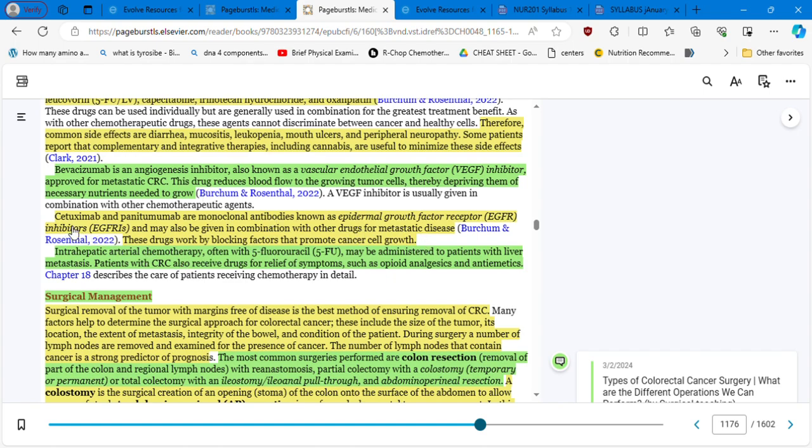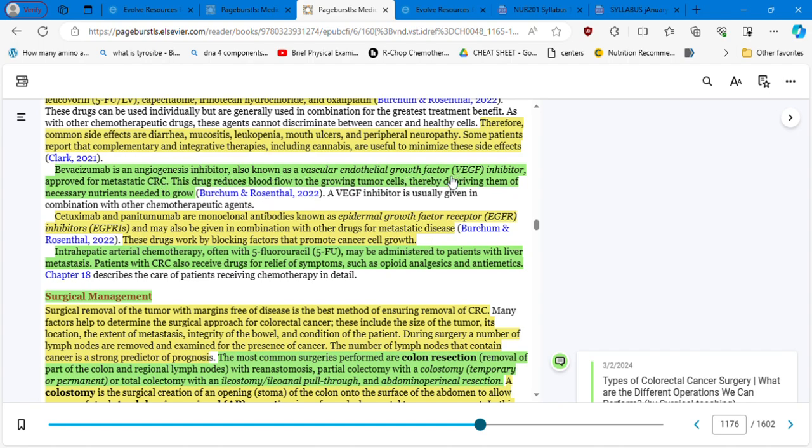So then cetuximab and panitumumab are monoclonal antibodies known as epidermal growth factor receptor inhibitors, and may also be given in combination with other drugs for metastatic disease. These drugs work by blocking factors that promote cancer cell growth. So you have the endothelial growth factor inhibitors, which are the angiogenesis inhibitor, right?